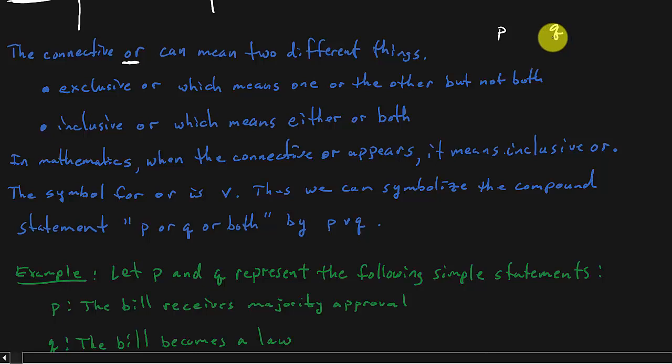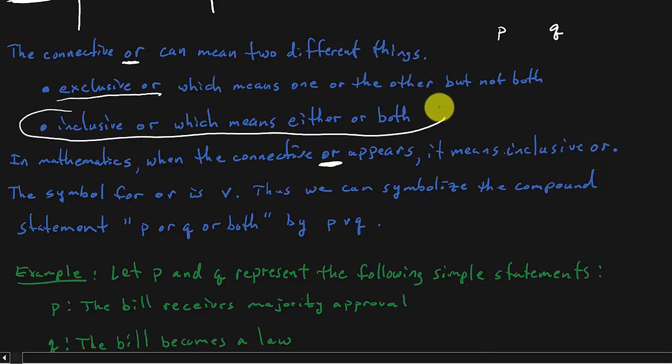But not both of them are going to be true. That's what exclusive or means. Inclusive or means P can be true, or Q can be true, or both of them can be true. That's inclusive. And in mathematics, when the connective or appears, it means inclusive or. So whenever you see the connective or in between them, P or Q, that's going to mean this one right here.